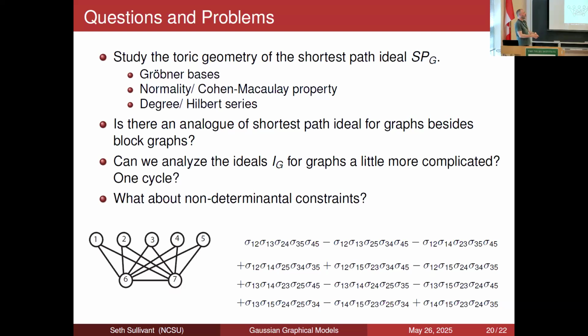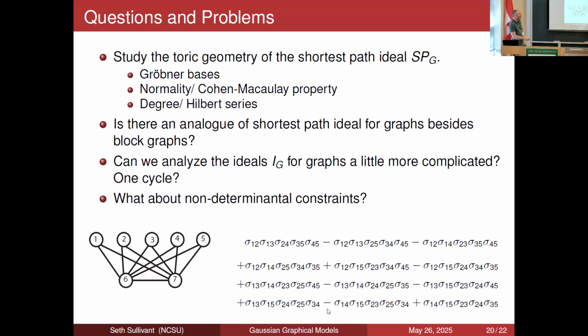And then, of course, there's the big question, which I didn't talk about at all at this point: there are non-determinantal equations that live in these vanishing ideals. You have to get to relatively larger graphs before you start seeing them. For example, for this graph with 7 vertices, among the roughly 100 generators of the vanishing ideal, there's one of degree 5 that is not determinantal, and it's this beautiful equation with 12 terms called a pentad that was discovered by statisticians.